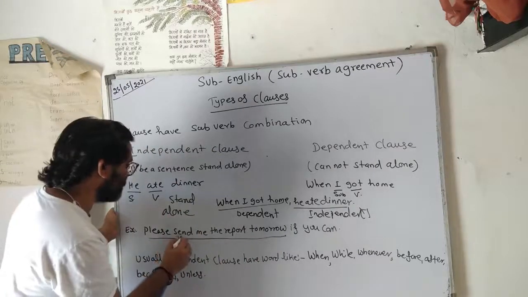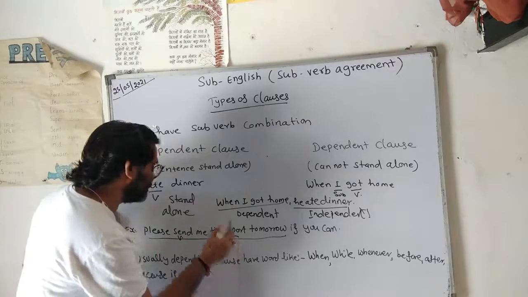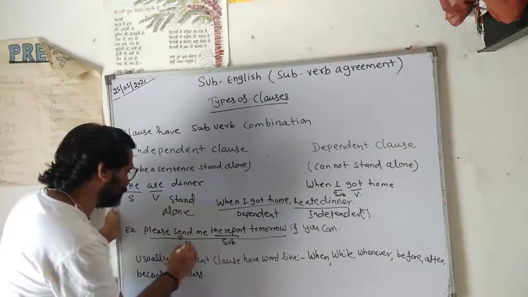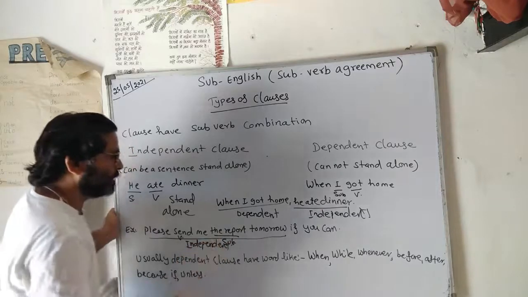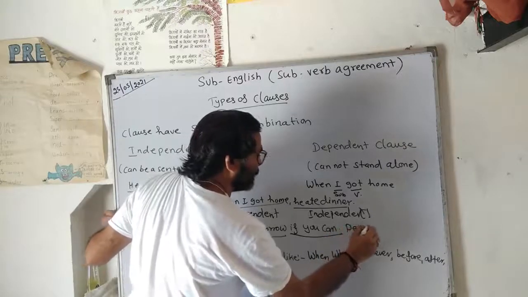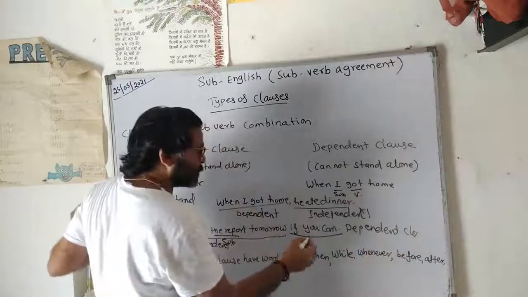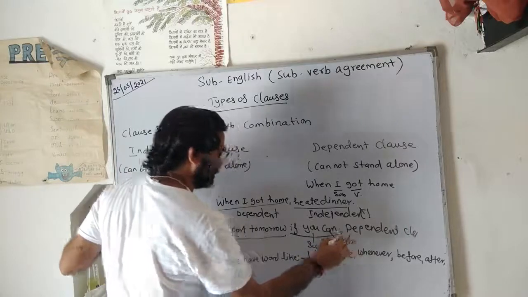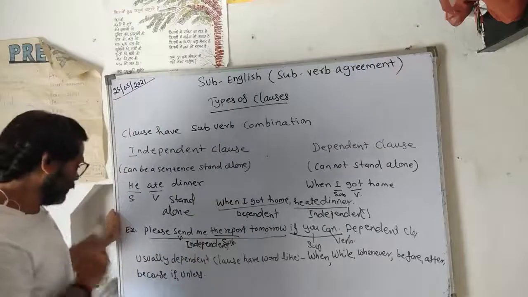This is the independent clause. And "if you can" is the dependent clause. This also has a subject and verb, but it does not exist without the independent clause.